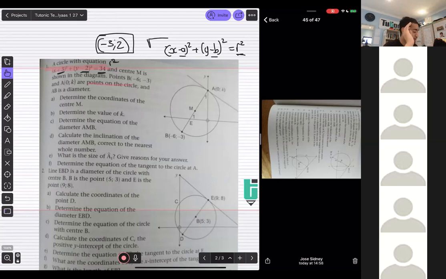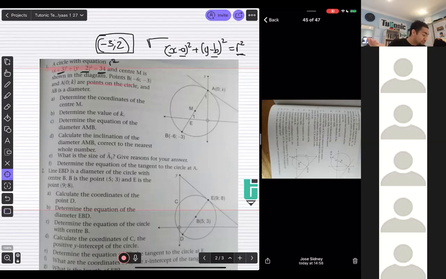So that's what they're trying to convey to me. Points A and B is the diameter. But I know the diameter because I know the radius. Do you guys see that? Yes. So you see how reading the question is so important. Some people just skip the statement and go straight to the questions.